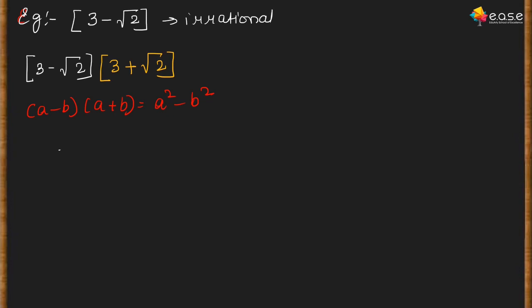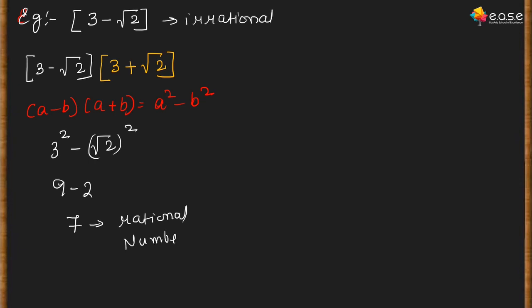Similarly here 3 3s are 9 minus root 2 the whole square. Are you guys understanding? This is actually 3 square minus root 2 square, which is 9 minus 2, which is 7. So this becomes a rational number, correct?